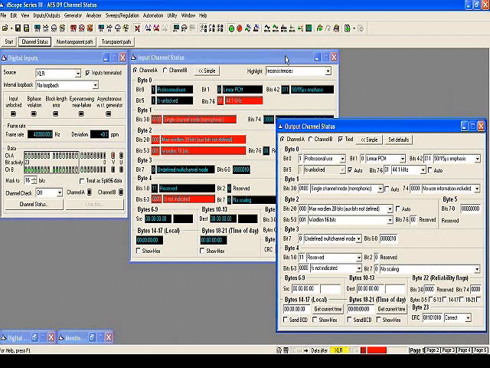The first thing I want to look at is byte 0. In byte 0, we've got a flag here that says 44.1. What that's saying is that the metadata is telling us the sample rate should be 44.1 kilohertz. But if we look at the actual live measurement here, we can see that we're actually at 48 kilohertz.